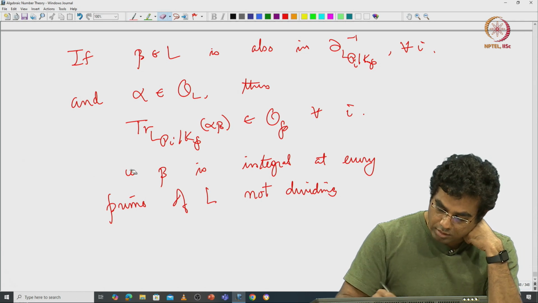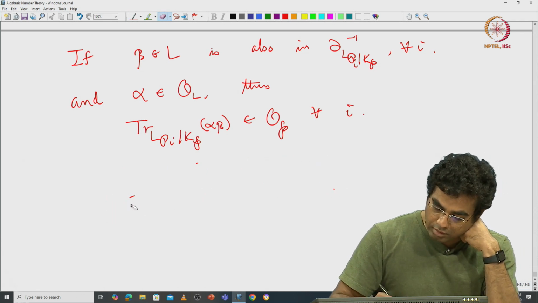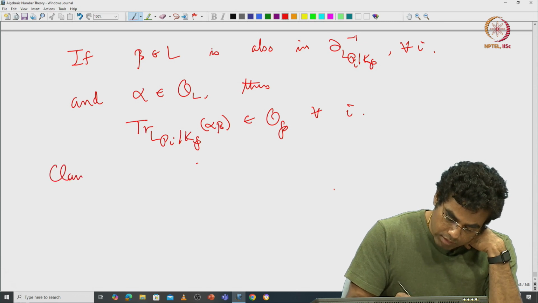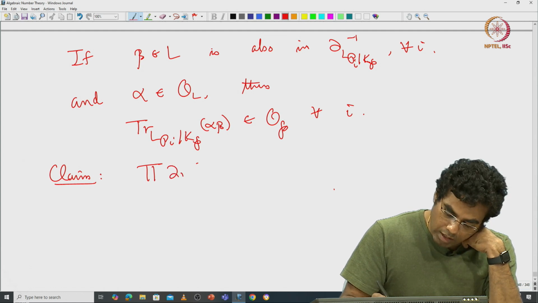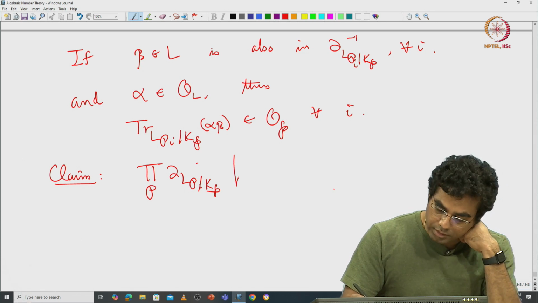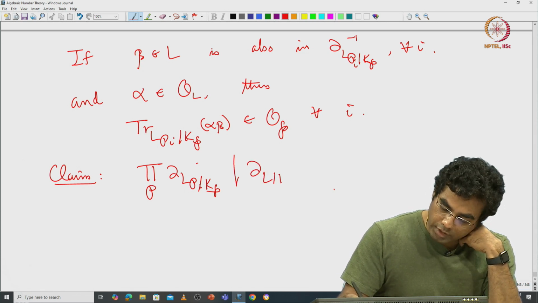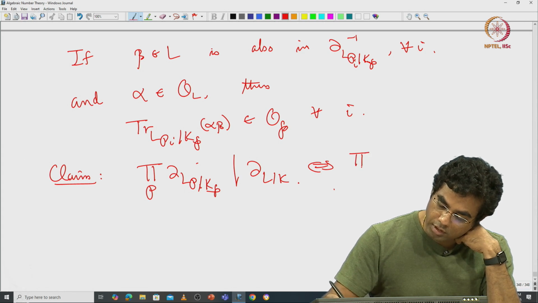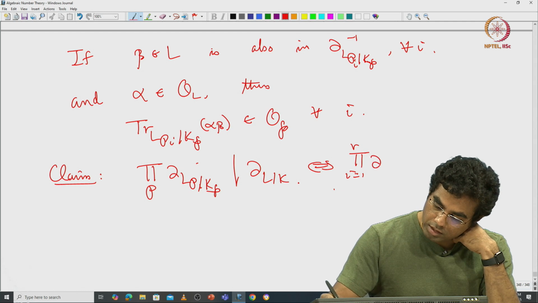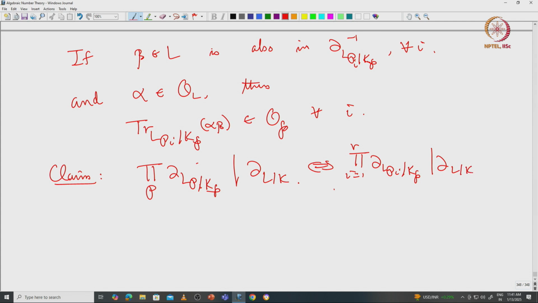So, my claim is that the product of D_{L_P over K_p} divides D_{L over K}, which is the same as saying the product over i going from 1 to r of D_{L_Pi over K_p} divides D_{L/K} for all P.